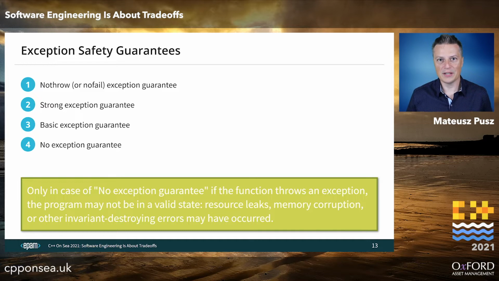The application has to remain in a valid, documented state, so the user knows how to handle it, but it doesn't have to be a clean state like in the previous case. So the user may need to do some cleanup after exception handling. Of course, strong exception safety guarantee is better, but often it comes with a cost, for example, performance cost. So sometimes we agree on basic only to, for example, increase the performance.